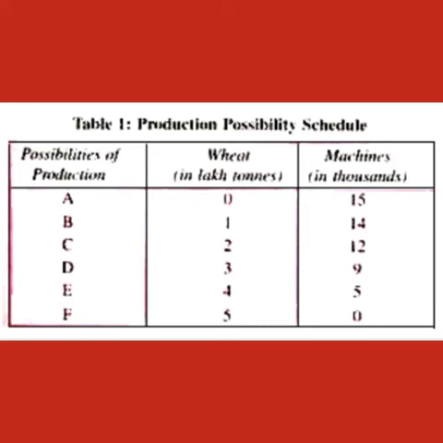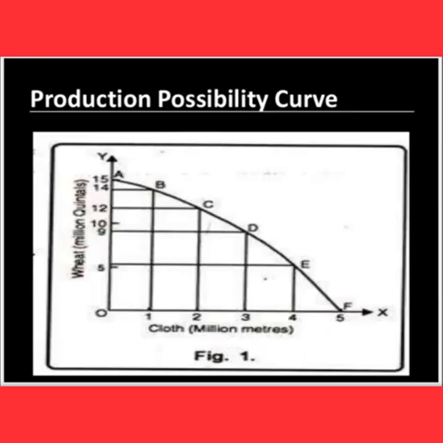Here the different points are given, and on the x and y axes, wheat and cloth are taken. So in this curve, in the y-axis it is wheat, and in the x-axis, in our schedule it is machines, so here it is given as cloth.